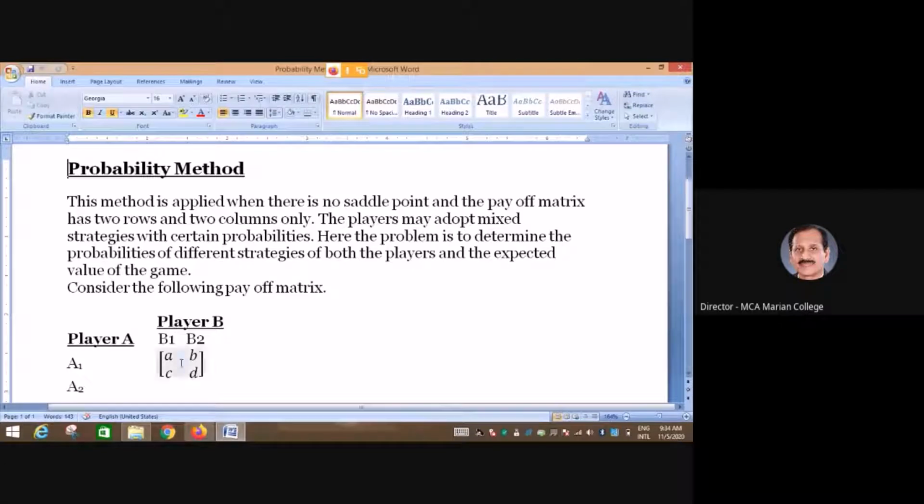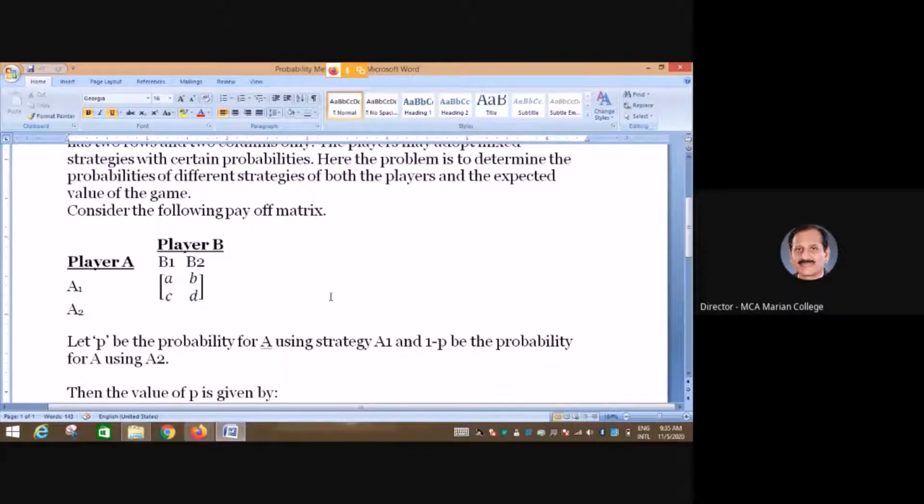Suppose the first row, A B, denotes the payoffs of player A and player B. If player A chooses A1 and player B chooses strategy B1, the payoff value is A. The same way, if player A chooses strategy A1 and player B chooses strategy B2, the payoff will be B. So A, B, C, and D are the values of the payoff matrix.